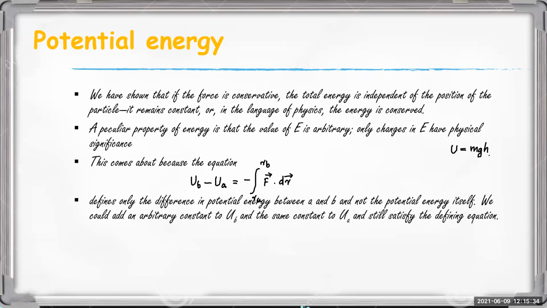Then the ground level is a reference one. It is not assured that the potential energy of that mass is zero there. It is only a reference.